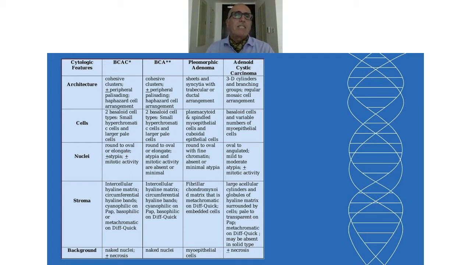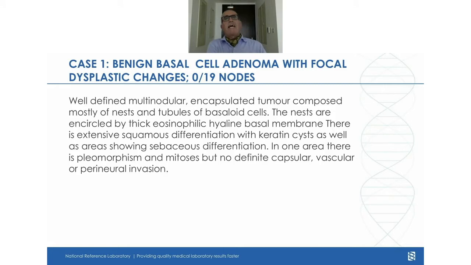Instead, here there are just basaloid cells, some slightly more hyperchromatic, and slightly larger pale cells as well. So this was a benign basal cell adenoma on histology with focal dysplastic changes.